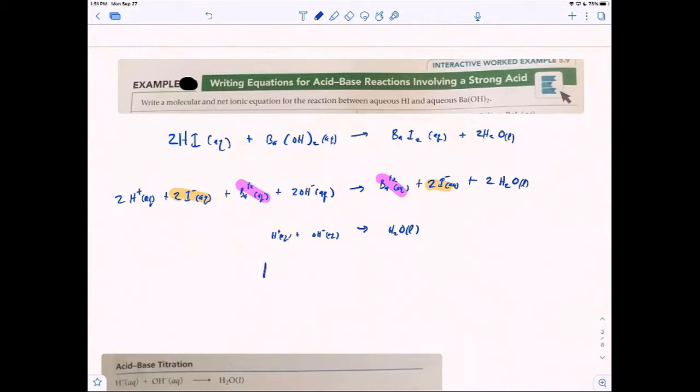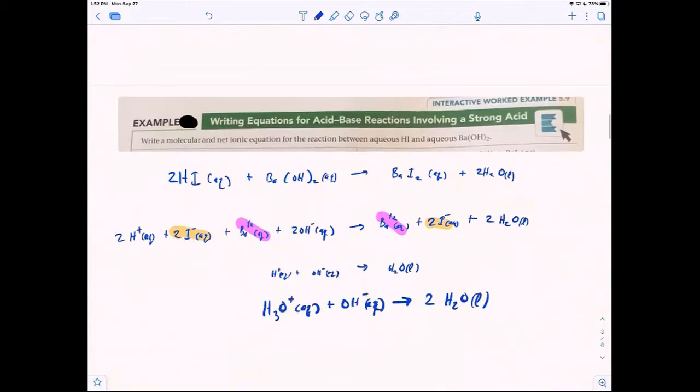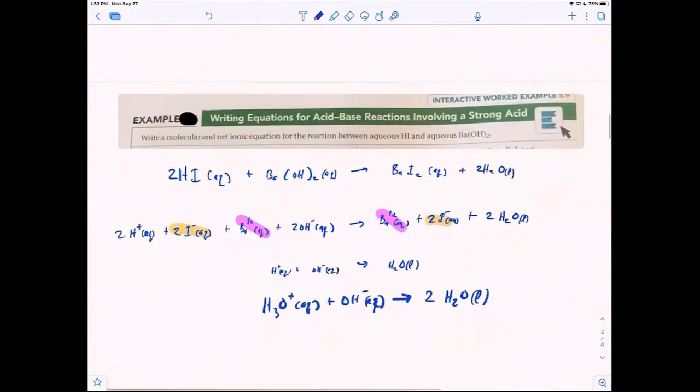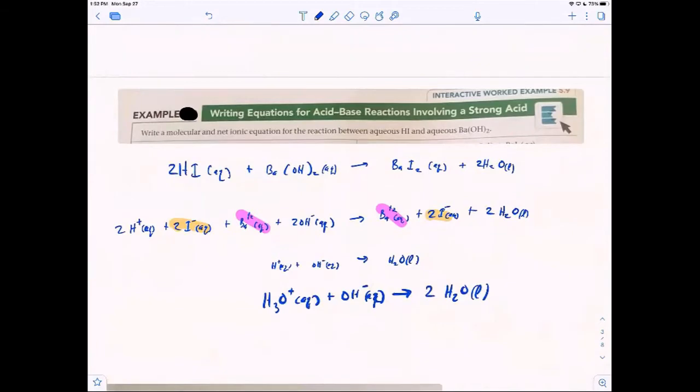You can write it this way as well: H3O plus aqueous plus hydroxide aqueous makes water liquid. You can write it that way as well, or you can use H plus. They're both valid. So whichever one you prefer. So, questions so far?